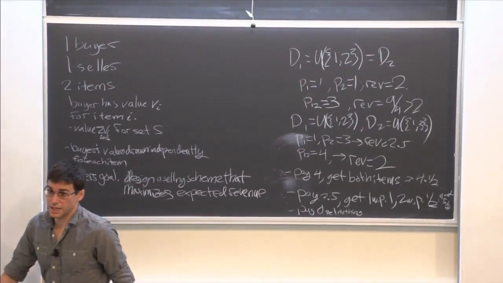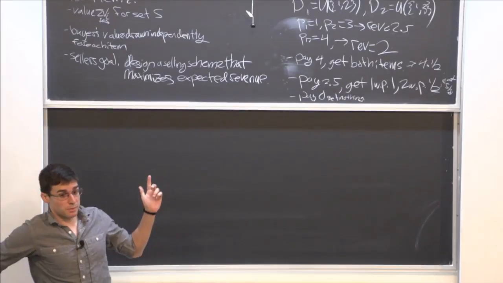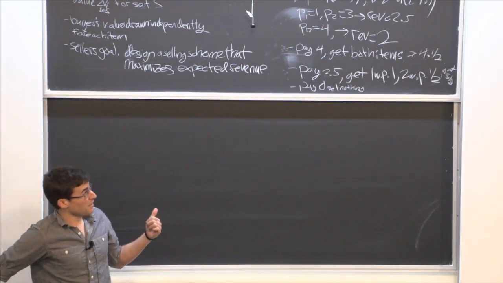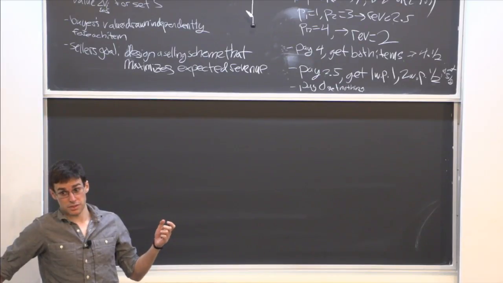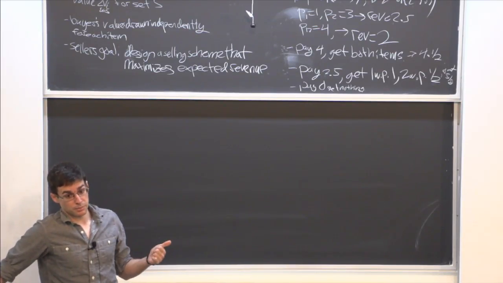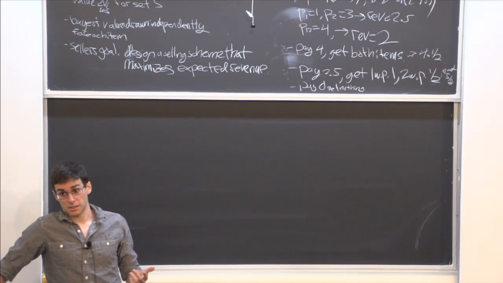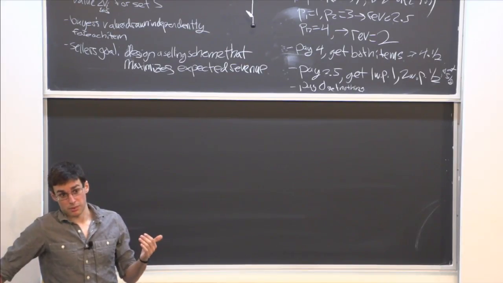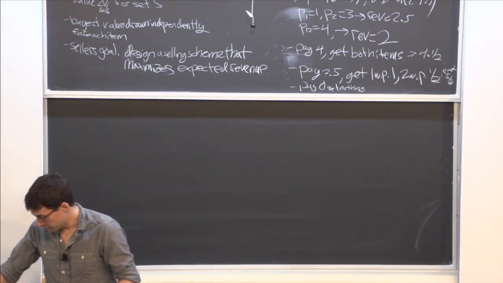So we also know that if in both of these examples I had the values be independent, if the values are correlated, so there's just an arbitrary correlated distribution on your values for both items, then we know examples where the optimal randomized mechanism gets infinite revenue, but the optimal deterministic mechanism gets revenue 1. So there could be an infinite gap between what you can get using randomization and what you can get without it.